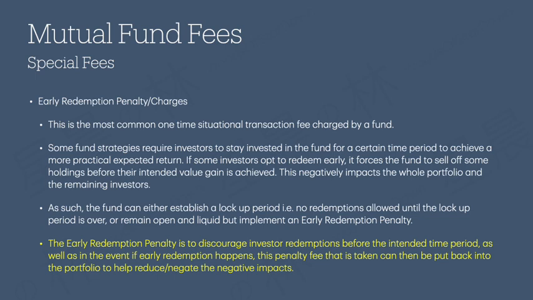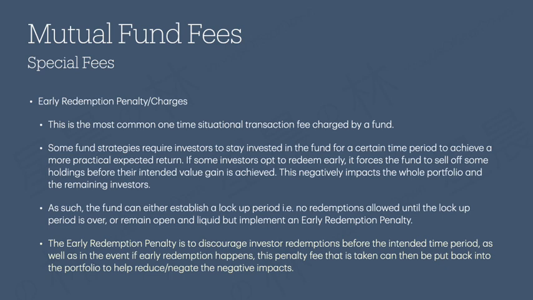The early redemption penalty fee basically charges a redemption fee for any early redemptions and can be tiered based on the time period like a CDSC. However, this early redemption fee is not collected by the distributor or the fund manager, but is instead allocated back into the fund to help reduce or negate any negative impact caused by the redemptions.